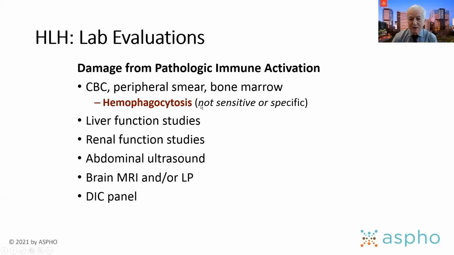In some series, less than 50% of patients had this. Patients are going to have wildly elevated liver functions, have renal abnormalities, and you're going to look at organomegaly with various imaging panels. Look for the brain MRI and LP for CNS involvement. And it's important to look at a DIC panel, with D dimers being especially helpful.